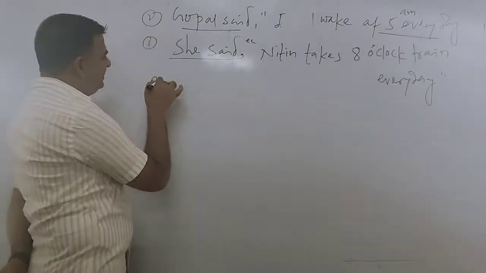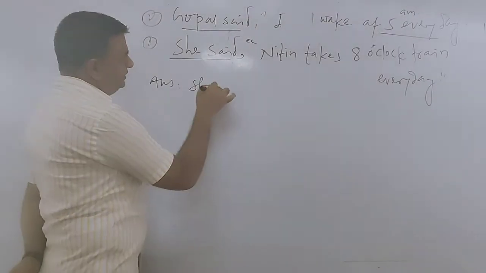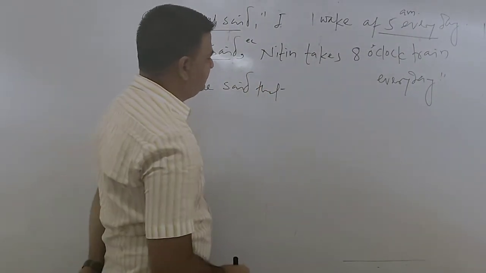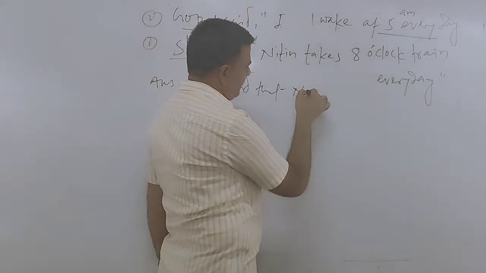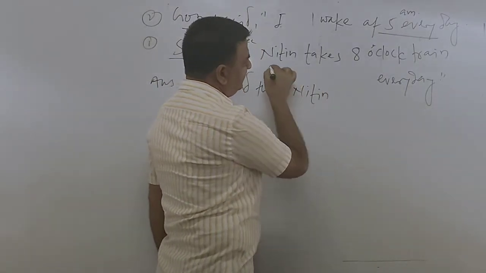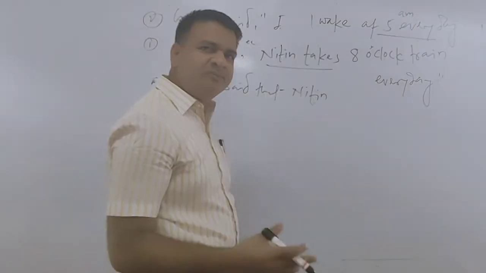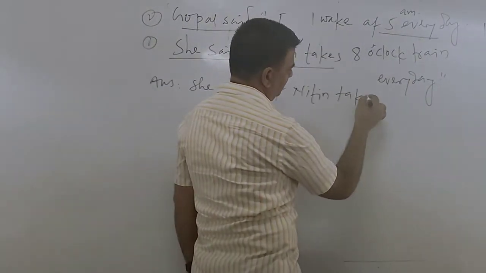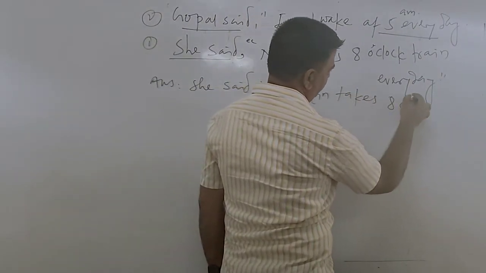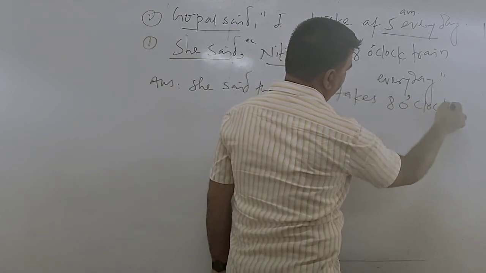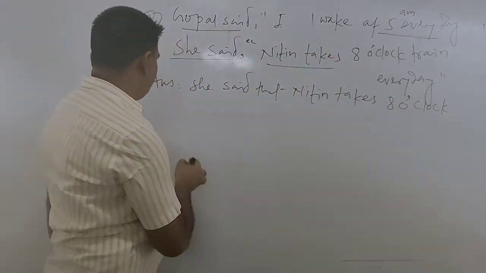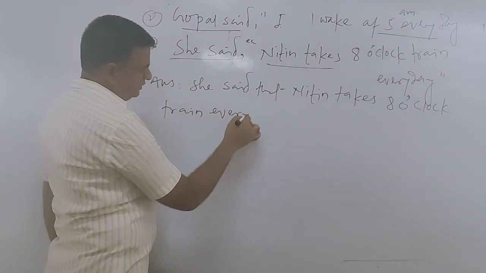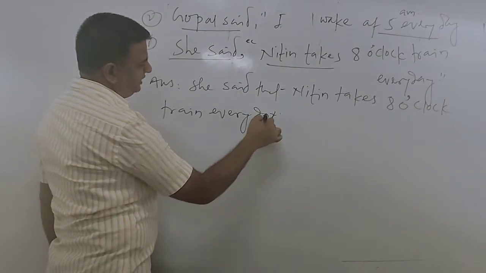We simply say, she said that. Look at the first sentence. She said that, we keep it as it is because it doesn't bring any change. Nitin takes the 8 o'clock train every day.